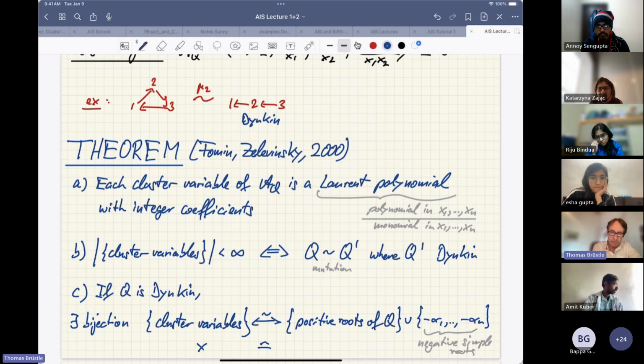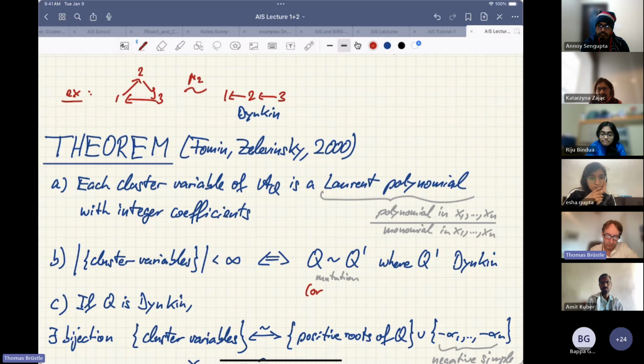Their theorem was really for general root systems, where B is a skew-symmetrizable matrix which is mutation equivalent to some B prime, where B prime is of Dynkin type.